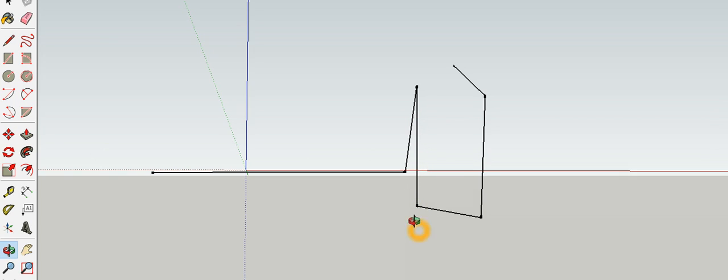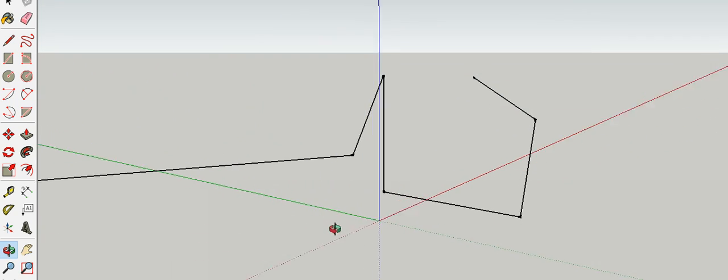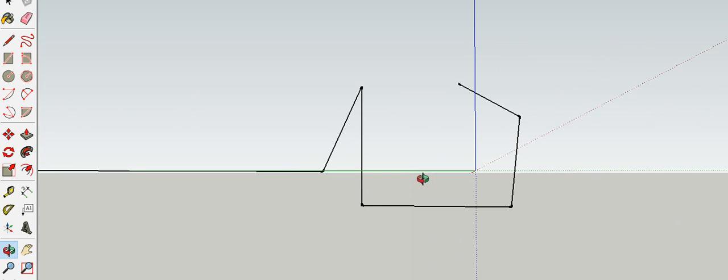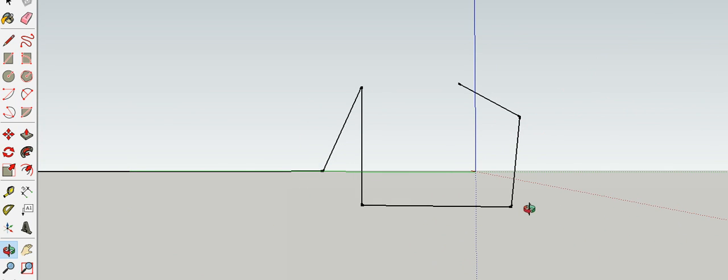This is the projection of the complete figure on z and x. Now we'll suppress x. This is what we see. We suppress x, and this is the projection of it on the y and z plane.